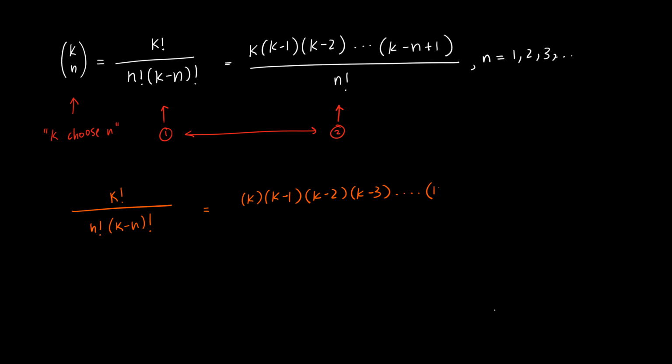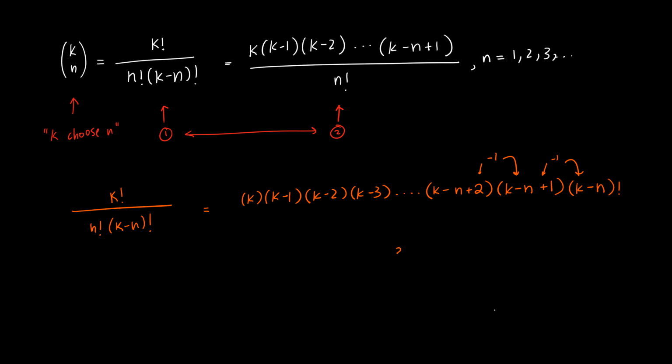So let's pick k minus n plus 2. If we take away 1 from that, we have k minus n plus 2 minus 1, which is just k minus n plus 1. Then if we take away 1 again to get to the next term, we have k minus n. And this keeps going on forever. It doesn't end here. So really right here, what we have is k minus n factorial.